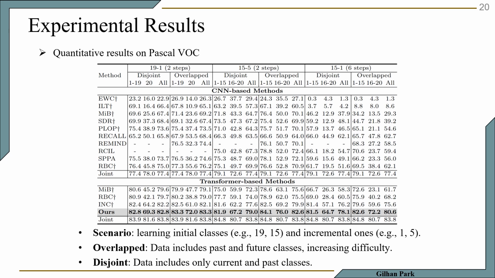Despite the difficulty of the overlap setting, our method achieved state-of-the-art results, especially in the 50-to-1 overlap scenario. Our approach consistently outperforms others, including our superior handling of incremental learning.